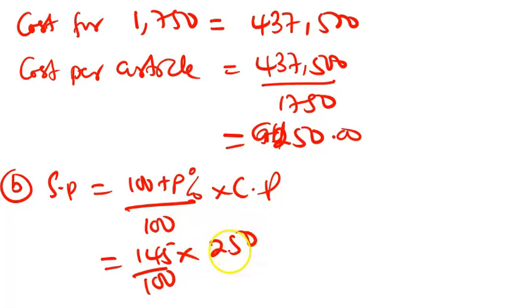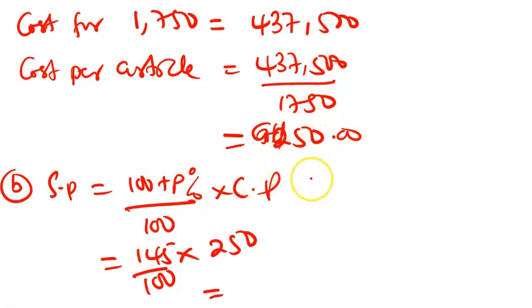So the cost price for each article is that we have 145 over 100 times the cost price, which is 250. Yes, you can use the main cost price for the whole item, and then when you finish, you divide it by 1,750. Okay, but since we want the cost for each article, it's better you use the cost per each article. So that's why we are using 250. Someone could have used the total and then divided it.